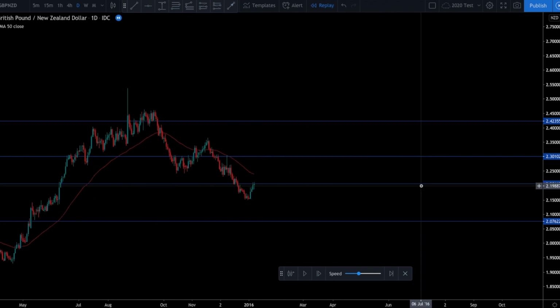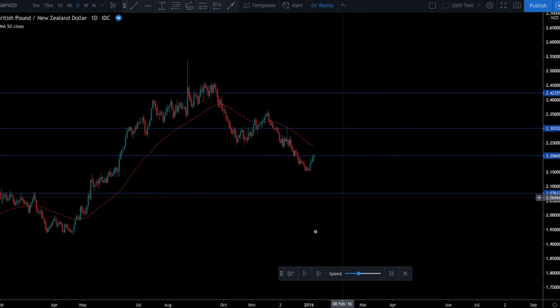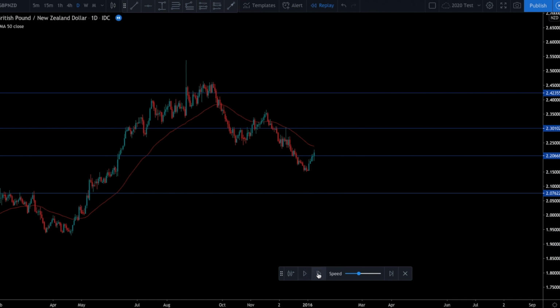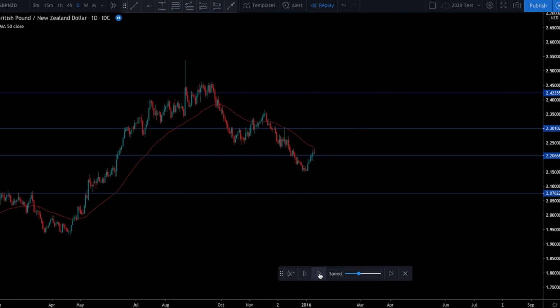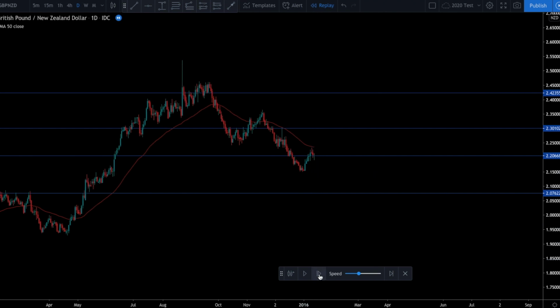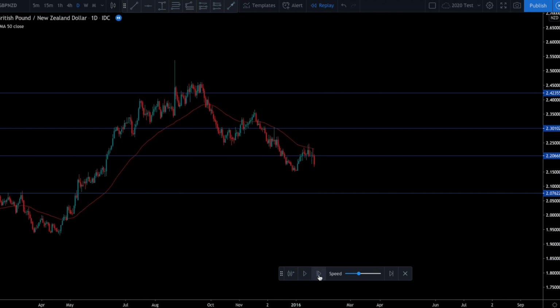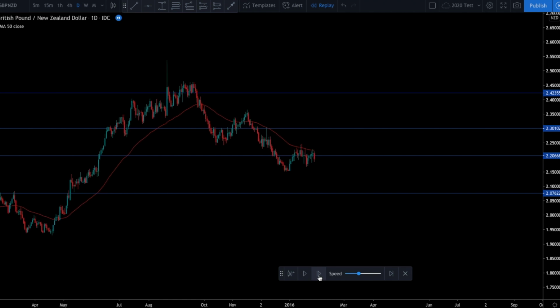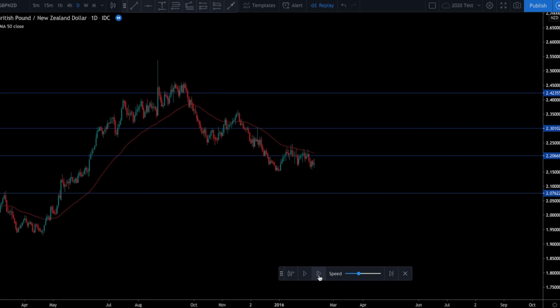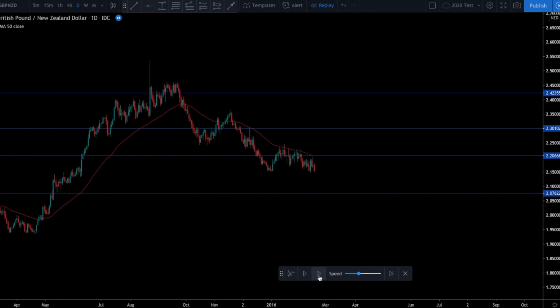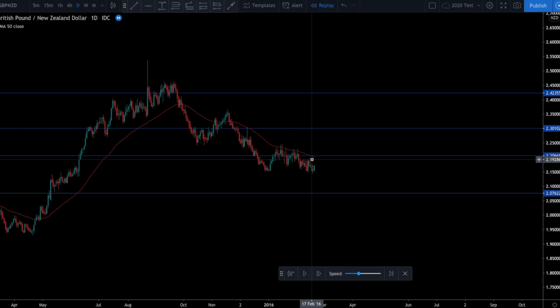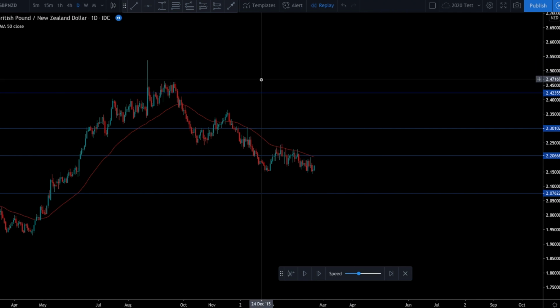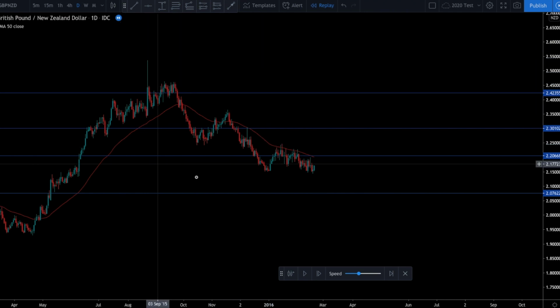This probably was not the best pair to use as an example, but this is looking like a good short here. Let's see how that plays out. Just chopping around. But this was just a quick example.